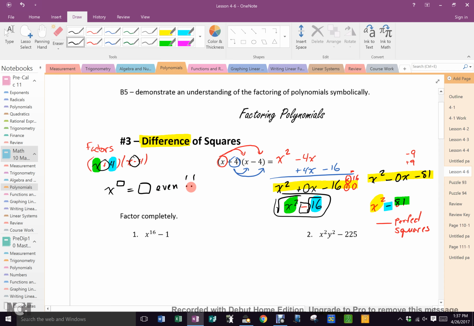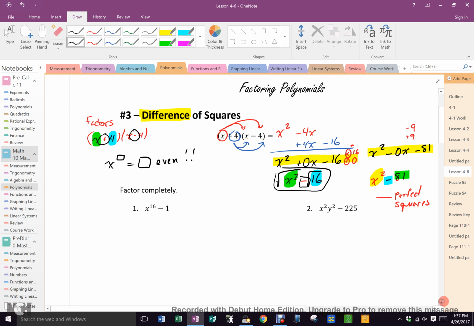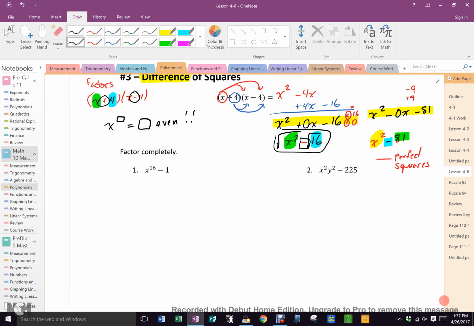Is everybody ready to try this? Okay. Let's look at number 1. Is the first term a perfect square? Why? It's even. So we make it through the first check, right? First term's a perfect square. Is it a difference? Am I subtracting? In number 1.